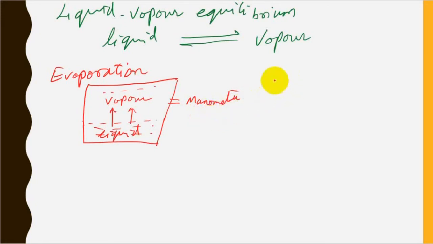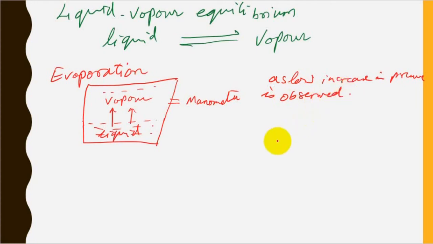So a slow increase in pressure is observed. Why?